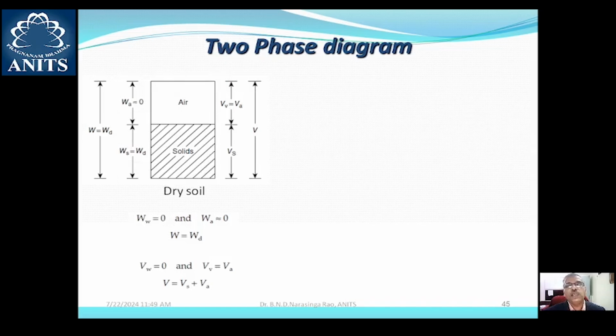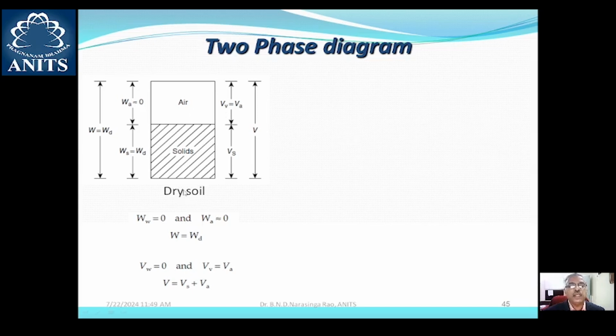So you can see during dry season, the void space between the solid particles consists of only air because water is completely evaporated. Similarly, a mass of wet soil, if you place it in the oven for sufficient time, the water is evaporated and the void space entirely consists of only air.